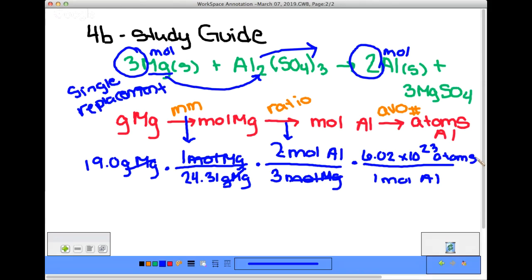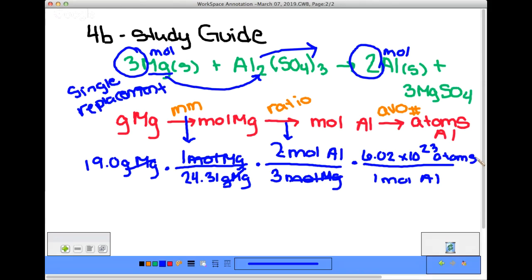Great. Okay, so we have 19 times 2 times 6.02 to the 23rd. Then we're going to divide that by 24.31 and then divide it by 3.